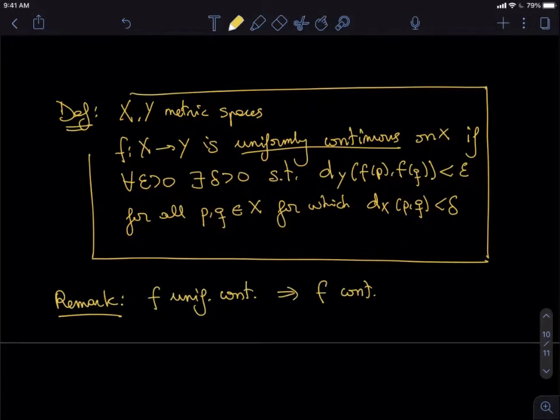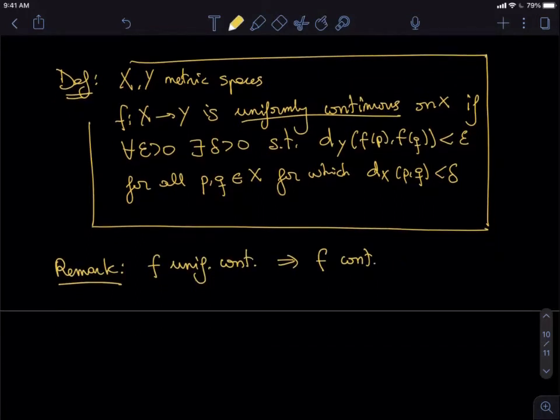So the example that I just showed is not uniformly continuous, because we are taking 0 to infinity.